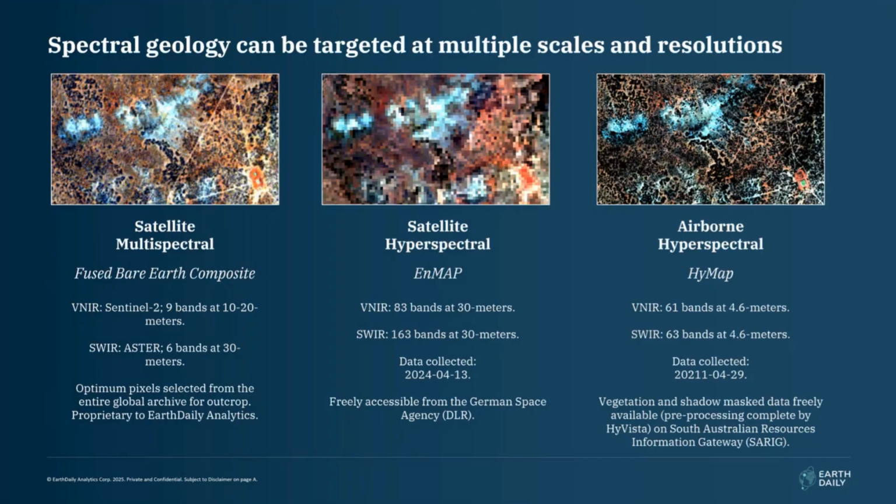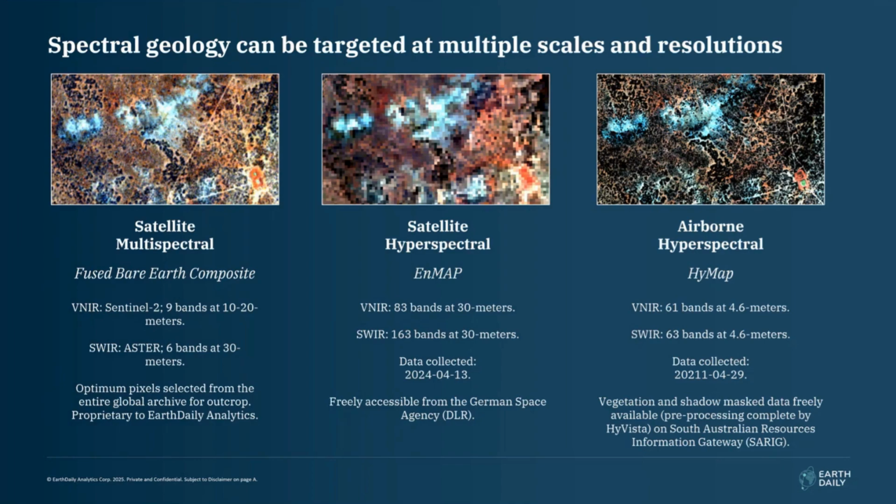It makes my job really easy because I don't have to worry too much about where I'm getting my data from, and I can focus on the analysis from the spectral side. As you see here, we're looking at varied resolutions of 10 up to 30 meters.